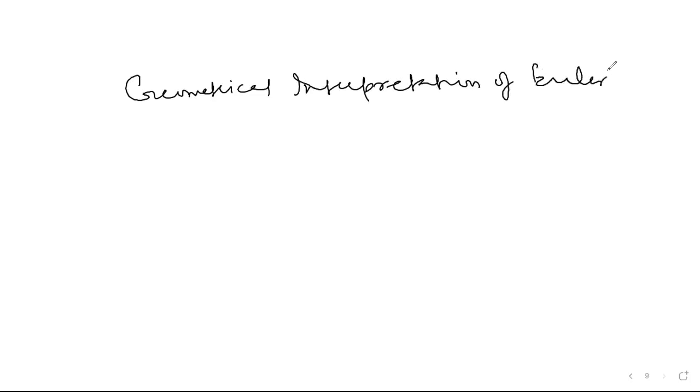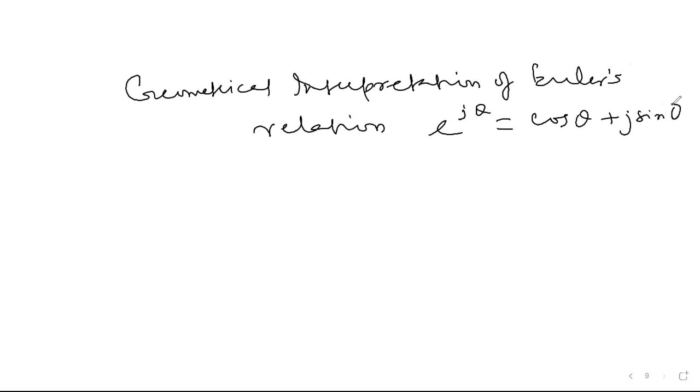We will write: geometrical interpretation of Euler's relation, e raised to the power j theta equal to cos theta plus j sine theta. Let me underline it.